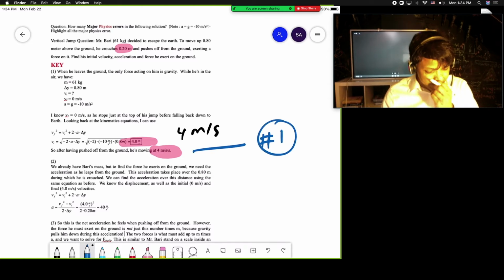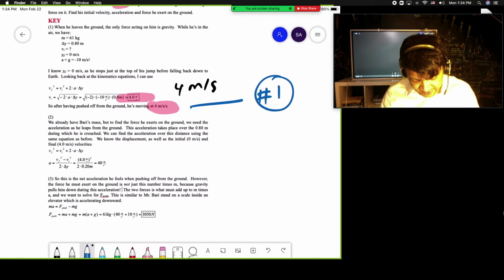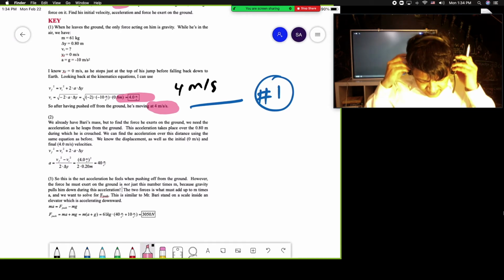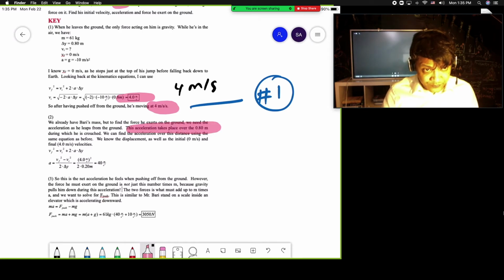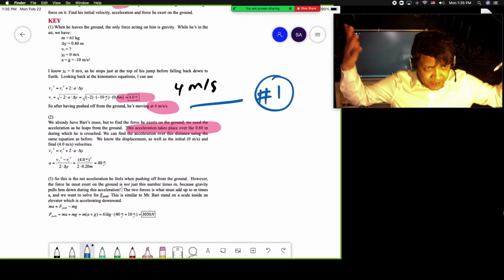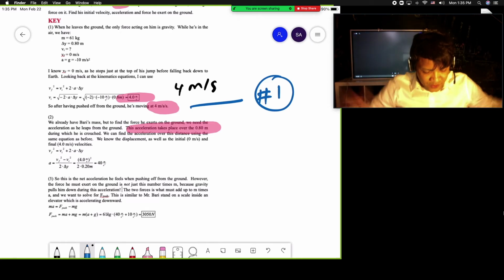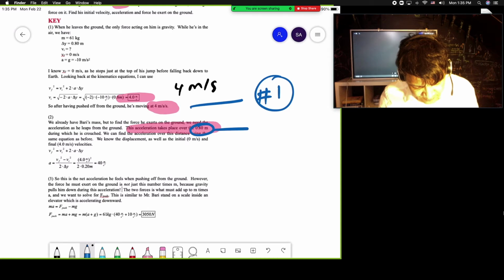All right, so let's see the second solution. In the second solution, let's see what is going on. It says this acceleration takes place over 0.8 meter. That's not true. The acceleration takes place when he is crouching up, and crouching up happens only over 0.2 meter, not 0.8 meter.